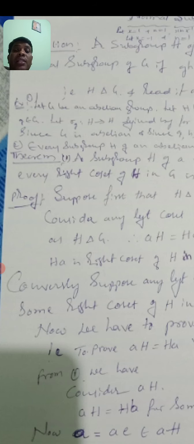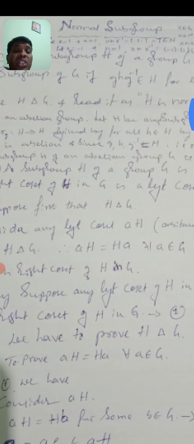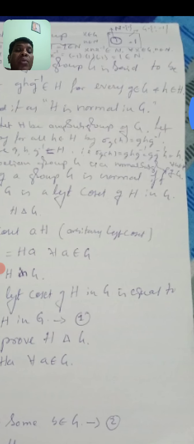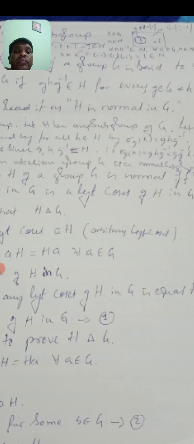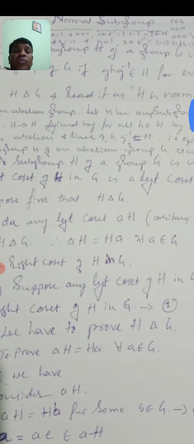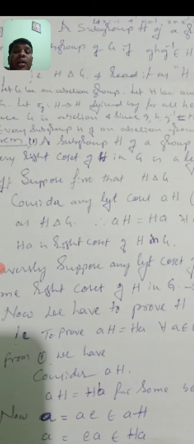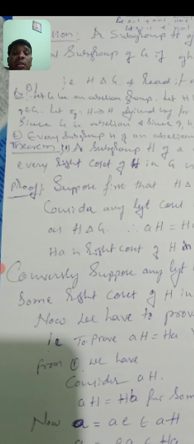The second example is: every subgroup H of an abelian group G is a normal subgroup of G. It is also one of the examples of normal subgroups. Next, dear students, we shall discuss some important results on normal subgroups.